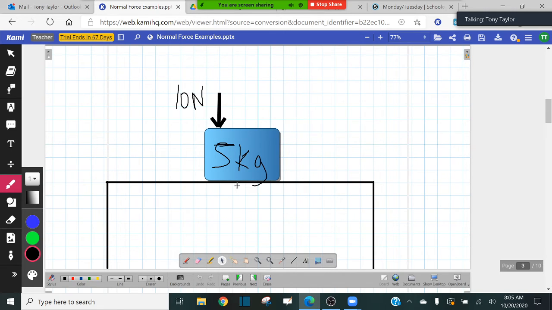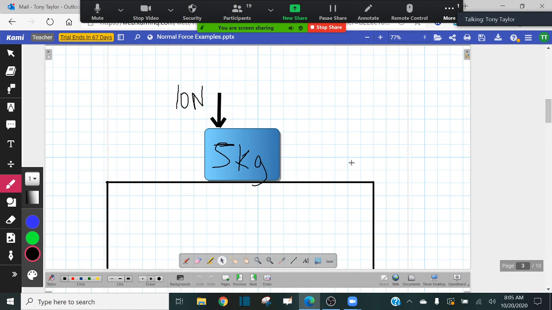Do you think the normal force will increase or decrease relative to the condition if someone was not pushing down on it? If someone wasn't pushing down on it, the normal force will be a certain value. But if someone comes along and pushes down on the box, what happens to the normal force? Does it increase or decrease? Exactly. Elijah said increase. You're exactly right, Elijah.